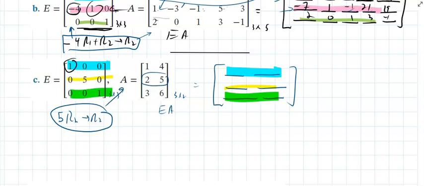Well, here 1, 0, 0 multiplied by those. 1 times 1 is 1 plus 0 plus 0, and 4 plus 0 plus 0. When I get to the second, 0 times 1 is 0. 5 times 2 is 10 plus 0. And when I get to this, 0 times 4 is 0. 5 times 5 is 25. When I get to the last, 0 times 1, 0 times 2, that's a 3, and that's a 6.